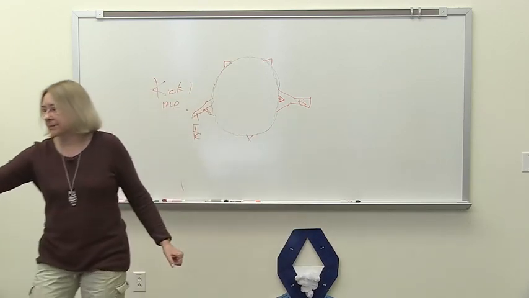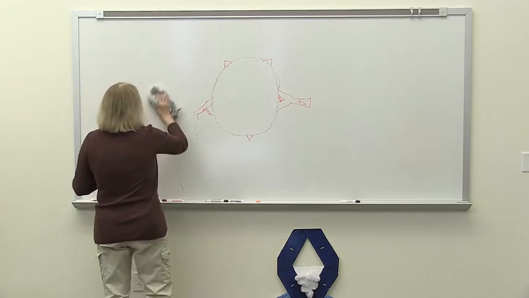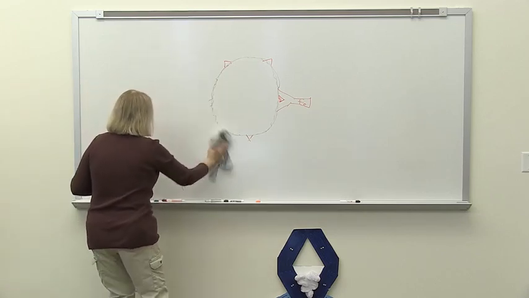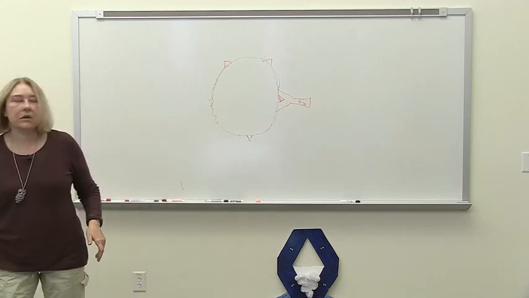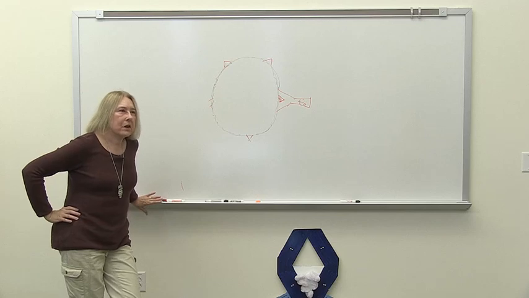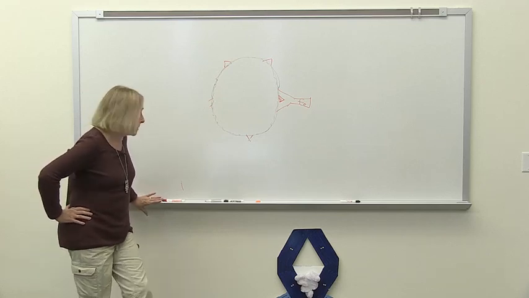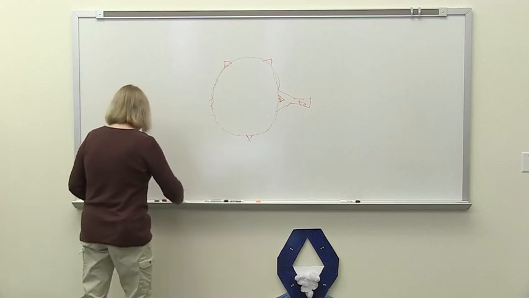So let me draw quickly the J chain in the form that we're using to show it on our antibody drawings.